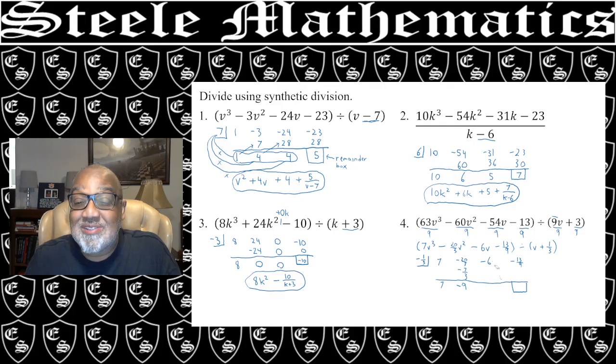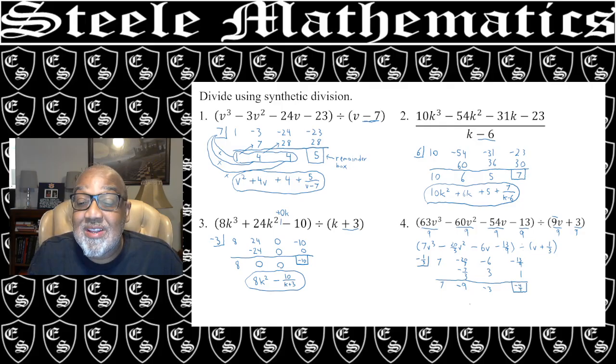And I meant to erase this v here. Negative 6 plus 3 is negative 3. And negative 1/3 times negative 3 is 1. And negative 13 over 9 minus 1 is negative 4 over 9.